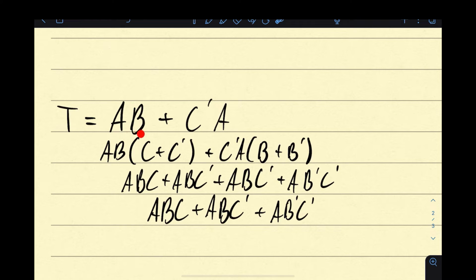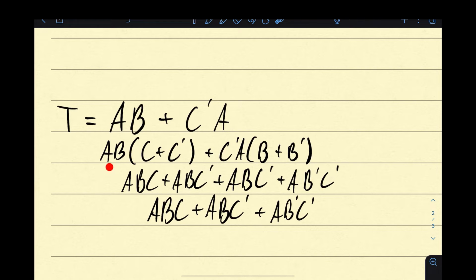I have AB. What is this missing when I look at the output term? So looking at the next term, I see we have A in common, but it doesn't have C. So what you'll do is you go to this first term and you will distribute that term, multiply it with the standard form of that complement term, as well as the complement term itself.